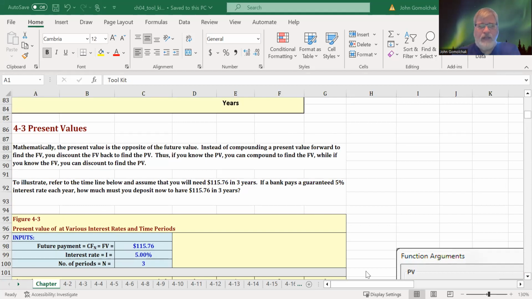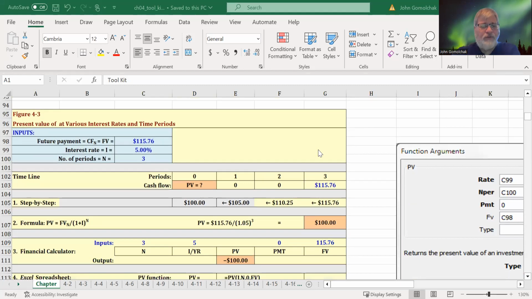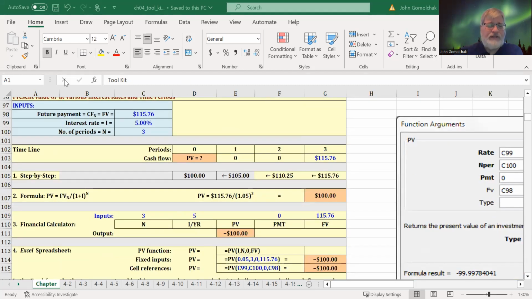How do we calculate the present value? Well, we still have our 4 methods. Now notice they've set up a new table of inputs for us here. So we know the future value is $115.76. We know that the interest rate is 5%, and we know the number of periods is 3.